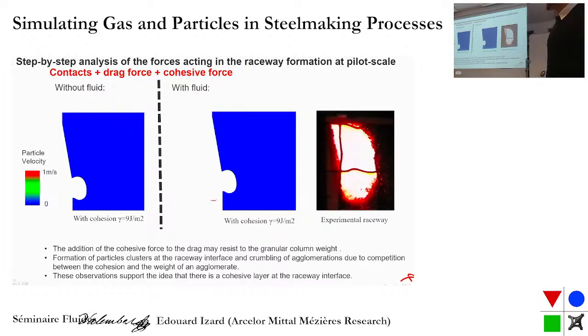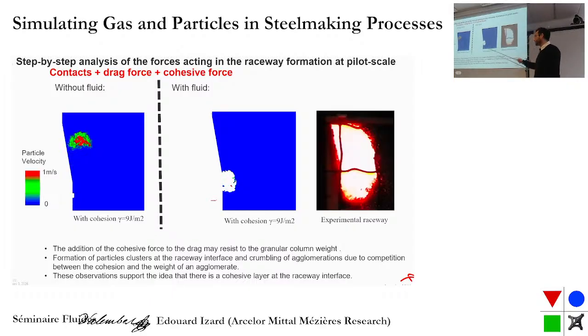So here you see some results. With cohesion on the left, without injection of the fluid, we can observe a sort of collapse still, but when we inject the fluid, we have the cavity able to stand.